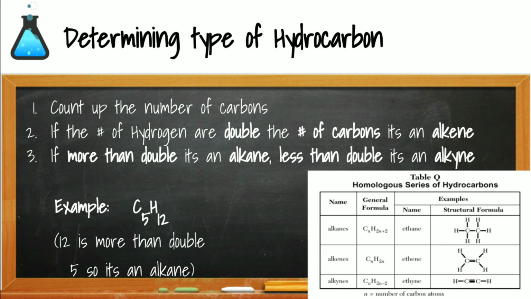So as a general rule, if you have double the hydrogen, you're an alkene. If you have more than double, you're an alkane. And if you have less than double, you're an alkyne.